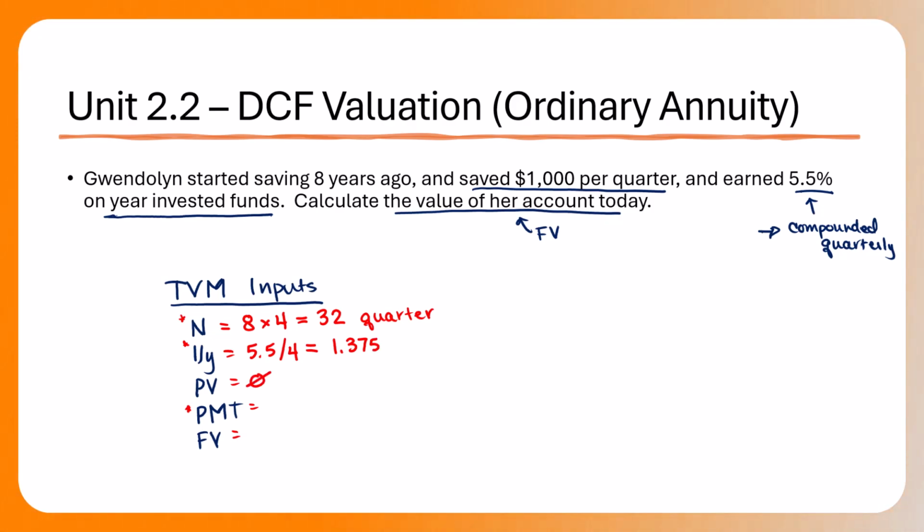She did not put anything away at the very first period. It's not an annuity due. And she made payments of $1,000 into this account. That leaves us finding the balance of this account at the end of this 8-year time horizon.